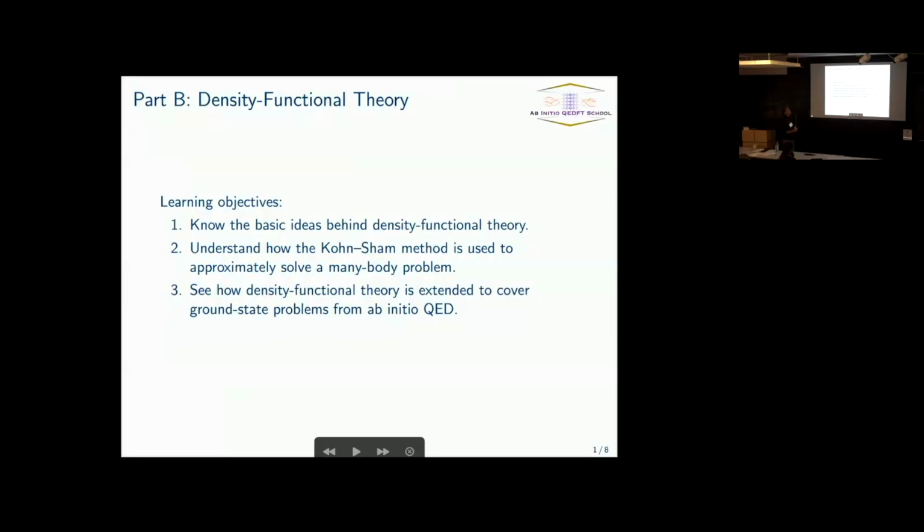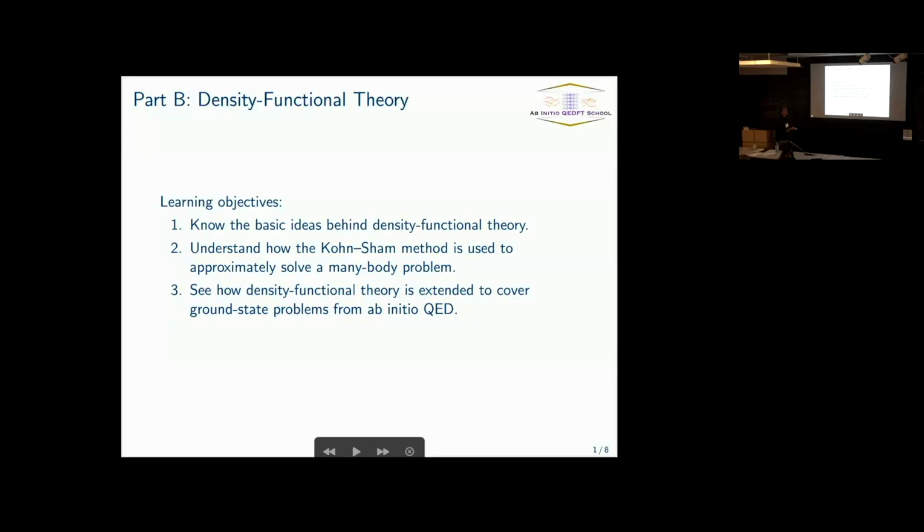In this context, ordinary DFT is only concerned with the electrons. So we already have a Born-Oppenheimer approximation if we come from usual chemistry, or somehow we already get rid of the photons, but we will see later how to include them. First I will deal with the traditional DFT approach, and then extend this to QEDFT.